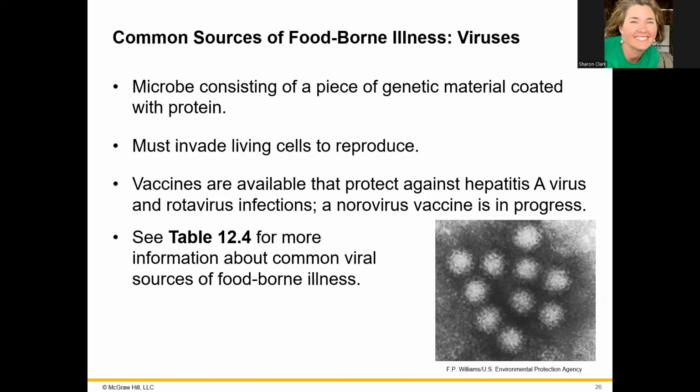And then your rotavirus here. This is more common in young children. And then hepatitis A. Remember, there are several different types of hepatitis. This one is the foodborne illness type that can be spread. Remember, it has an incubation period of about 15 to 20 days. So be careful of that one.